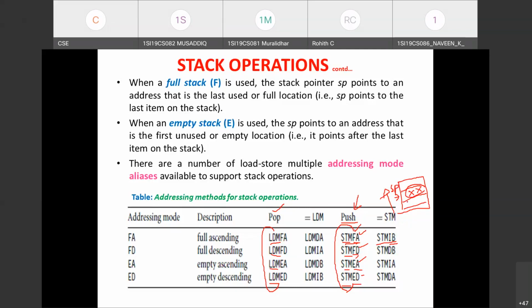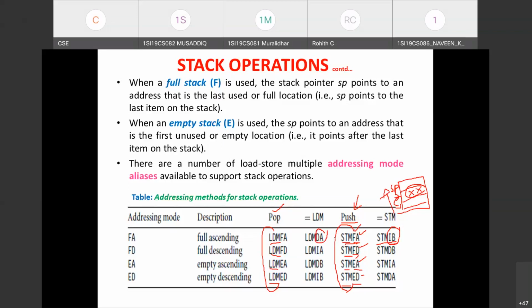Since it is full stack, we then need to decrement the stack pointer by 4 so that it points to the next data to be removed from the stack. So if you are using increment before to perform the push operation, what is the equivalent LDM instruction to represent the pop operation? It is decrement after.